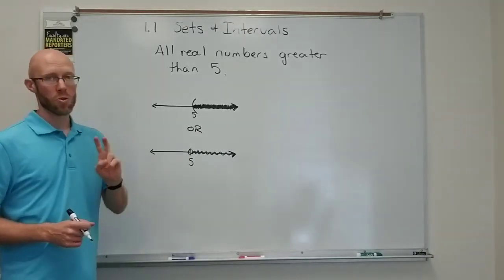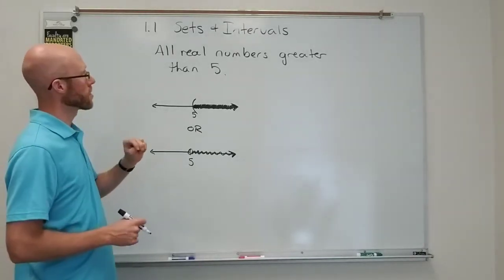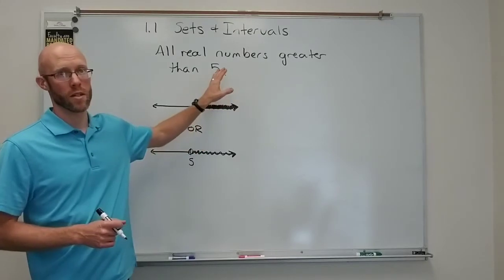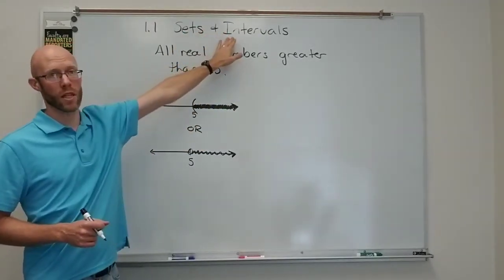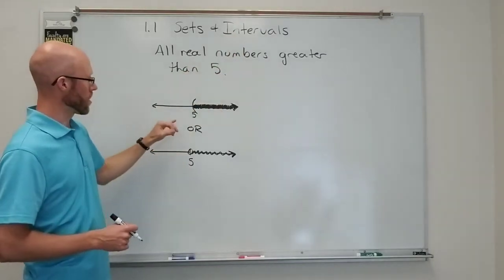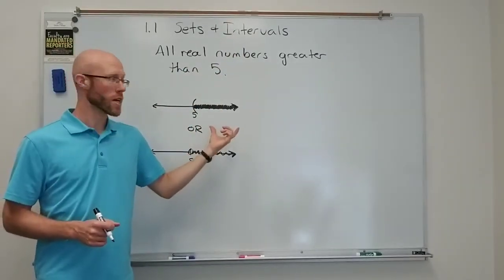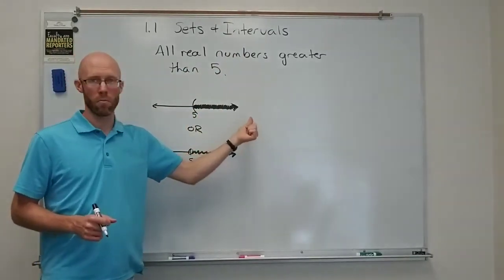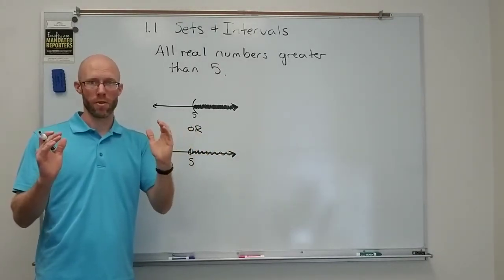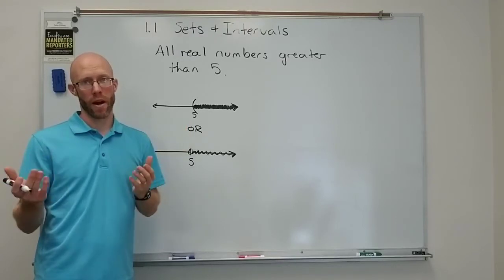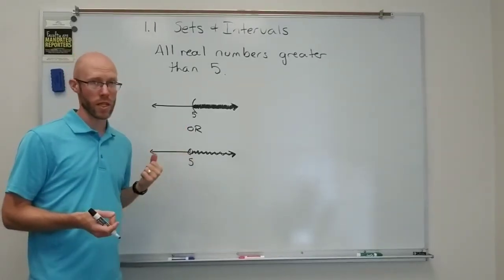Now, I said there are two other notations for representing a set of numbers. One is an interval and one is a set. Let's look at the interval for a moment. The interval essentially just takes the left and right endpoints, writes them down, and surrounds them with either parentheses or brackets. Brackets are what we use if we include the endpoint.